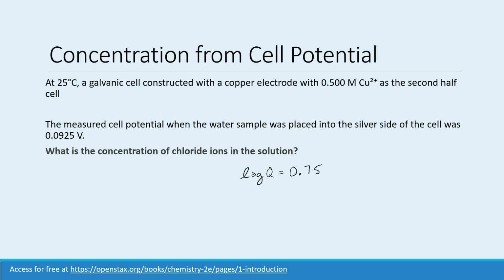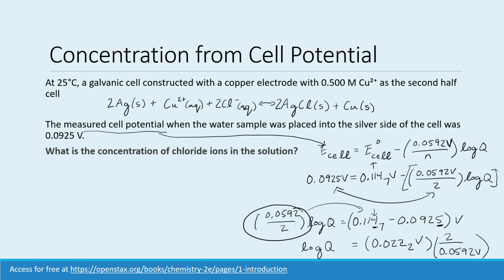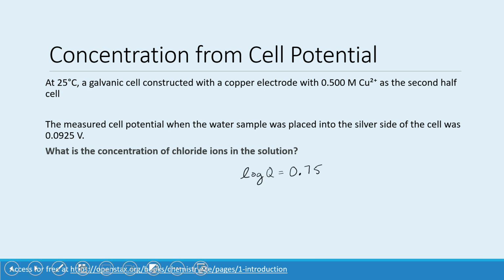We get that the log of Q is equal to 0.75. And two significant figures, because you've got the two significant figures here, and when you put that in the calculator it just comes out to be 0.75. You don't have any extra digits to keep.